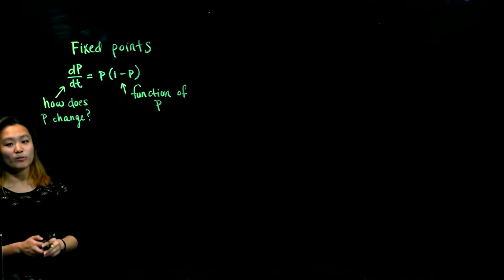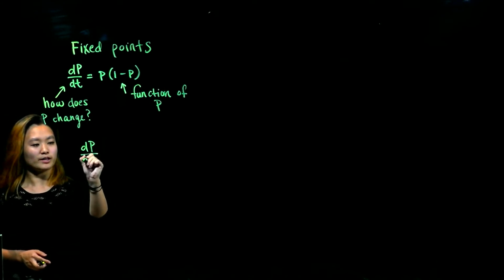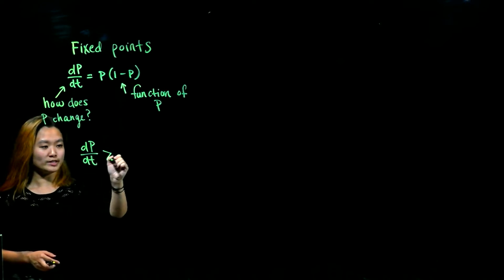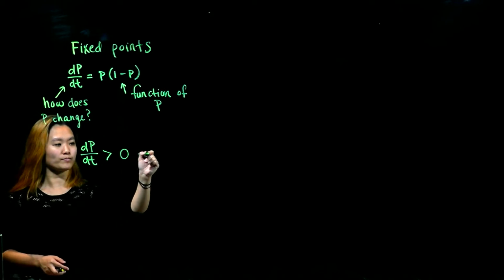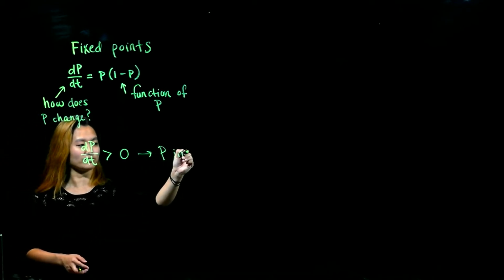Okay, so we already know that the sign of dp/dt tells us in what direction p changes. For dp/dt greater than 0, this means that population is increasing.